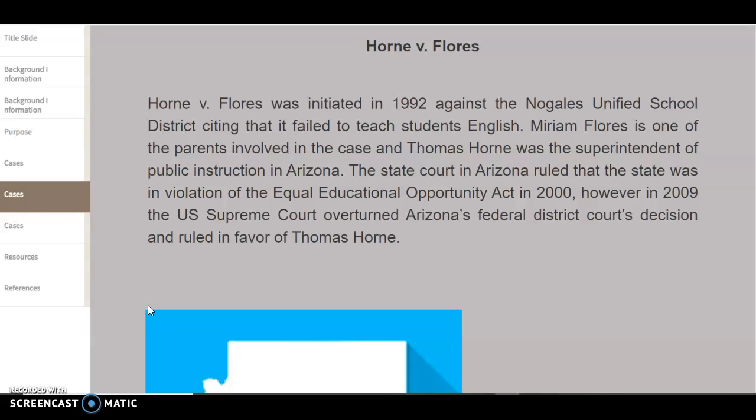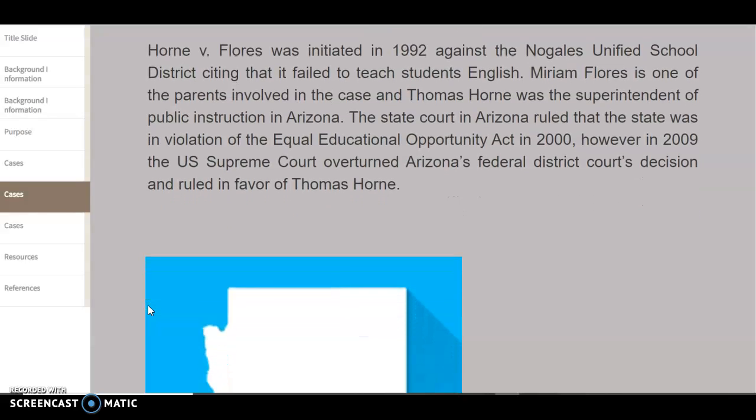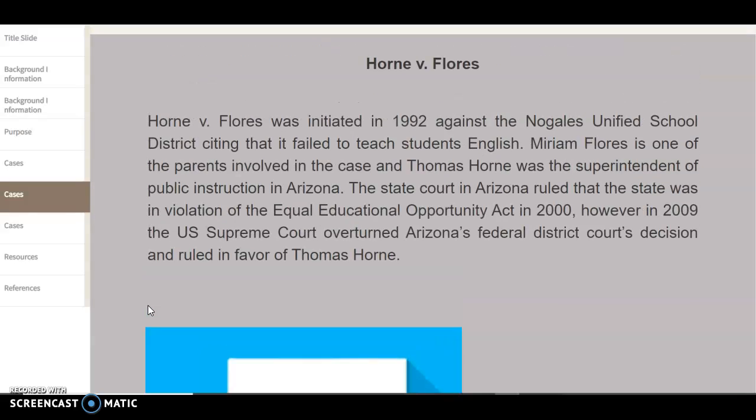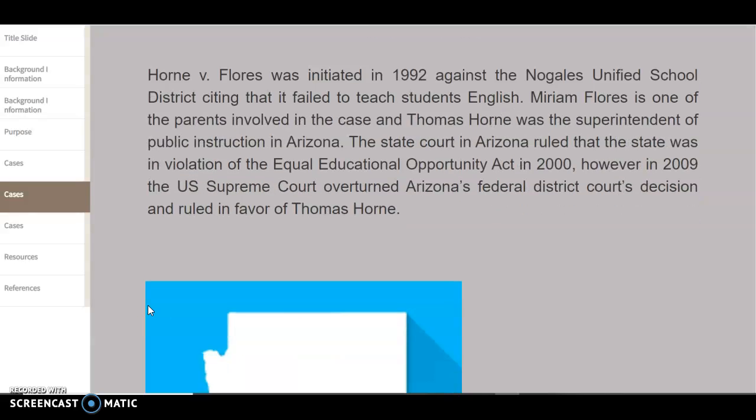Another case is the Horne versus Flores case, and this was initiated in 1992 against the Nogales Unified School District, citing that it failed to teach students English. Miriam Flores is one of the parents involved in the case, and Thomas Horne was the superintendent of public instruction in Arizona, which is where the case's name, Horne versus Flores, comes from.